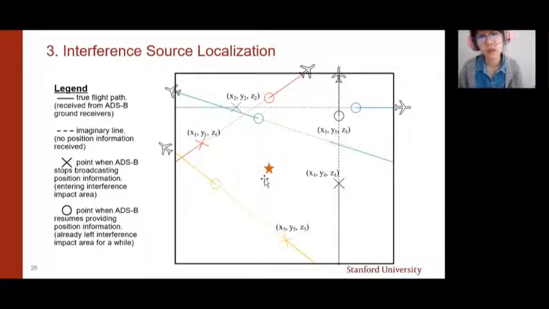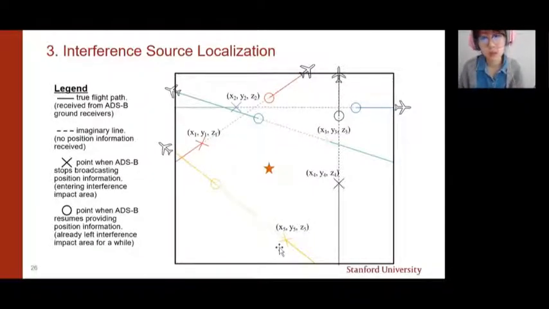If we assume the jammer is omnidirectional, the impact area is perfectly spherical, and the power is high enough, then all airplanes flying past this airspace would be impacted by the jammer and would have gaps in the flight path. Here the cross shows the starting point of the gap, and the circle shows the ending point of the gap.